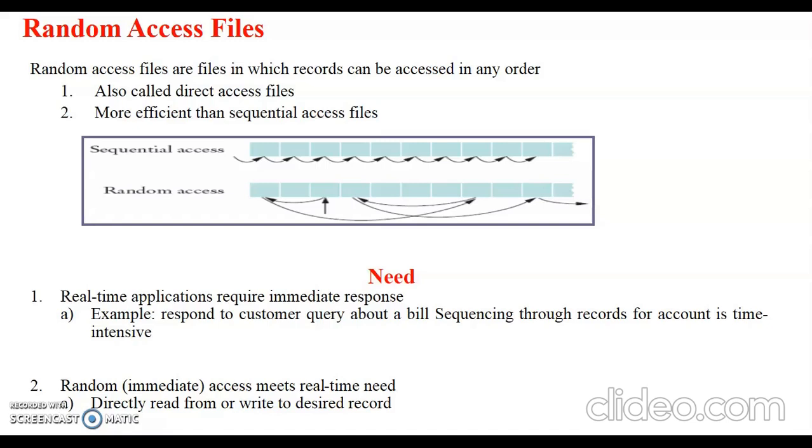That's why in real-world applications we need random access files. Random means immediate access, which means real-time need: directly read from or write to a desired record. In this video we will see how to access random access files.